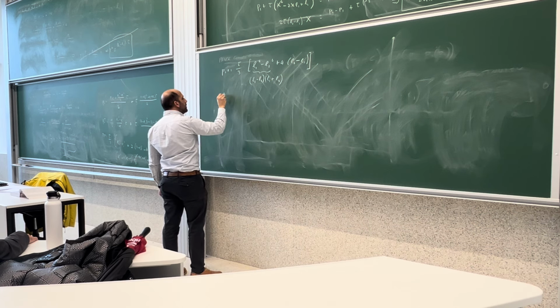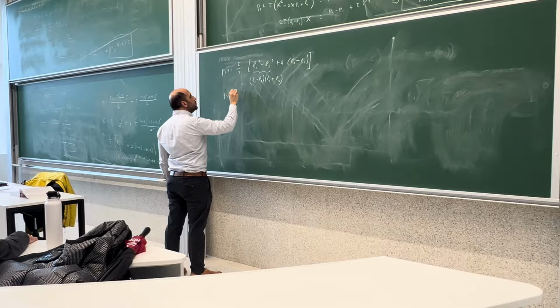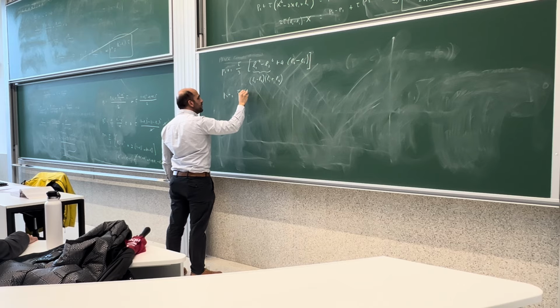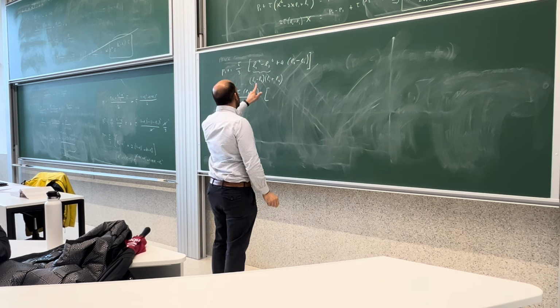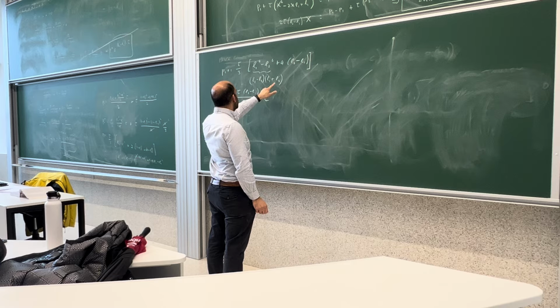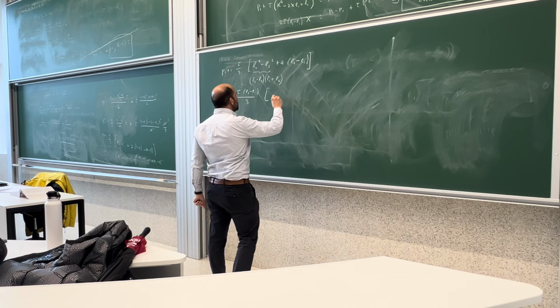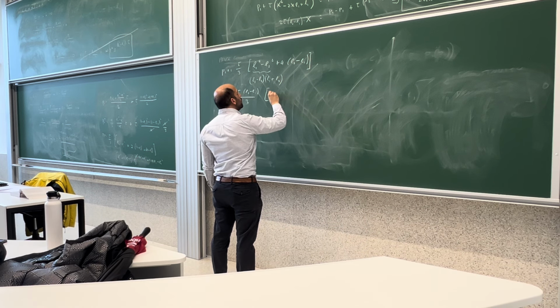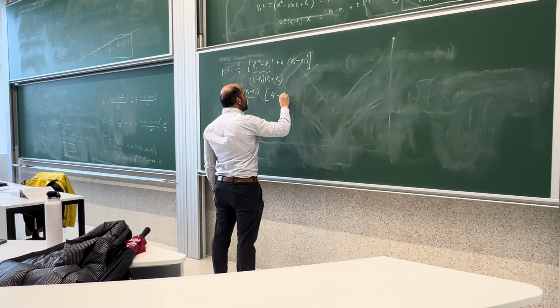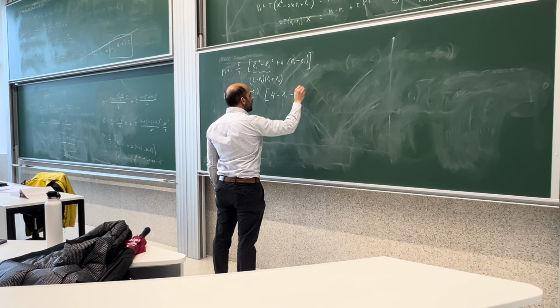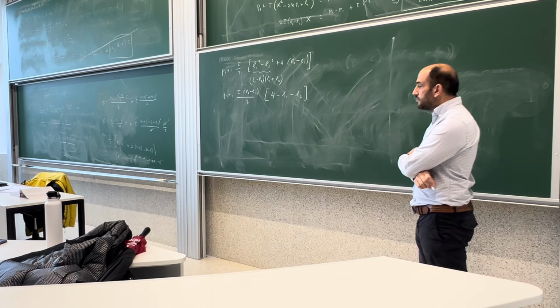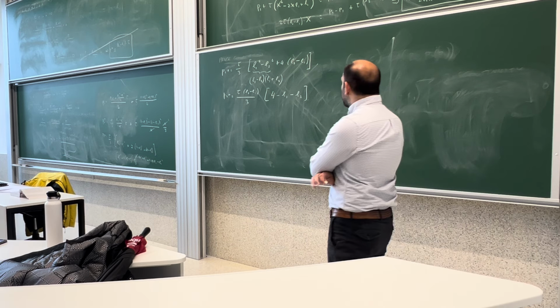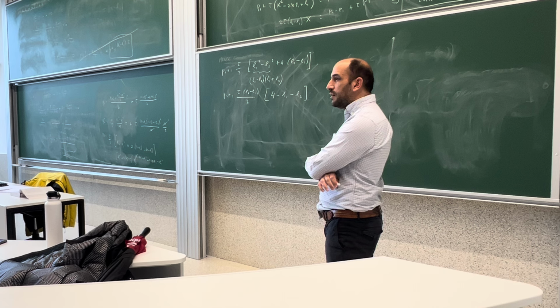So then P2 star is equal to tau times L2 minus L1 over 3 times (4 minus L1 minus L2). This looks nice, I think.